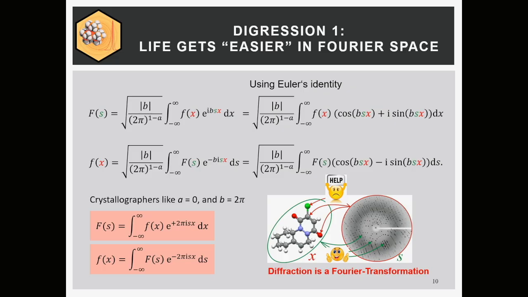For various reasons we talk about this. And this is the formula here for the Fourier function using the Euler identity, from e to the i b s x. s is the reciprocal variable, x is the direct space variable, and we use, of course, the Euler identity with a cosine and i times the sine. And the crystallographers, of course, love the repeating interval as 0 to 2 pi, because it's a diffracted wave, and therefore the formulas get a little bit easier.